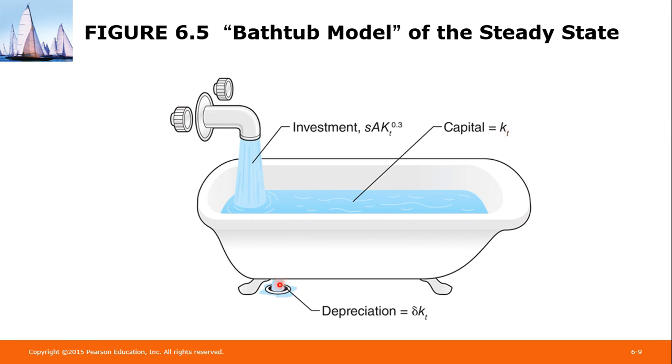The hole underneath the bathtub represents depreciation, the water in the bathtub represents capital, and the tap represents investment. When an economy reaches a steady state, investments may continue, capital may seem to be rising, but the levels remain distinct because of the unseen hole at the bottom, which represents depreciation.